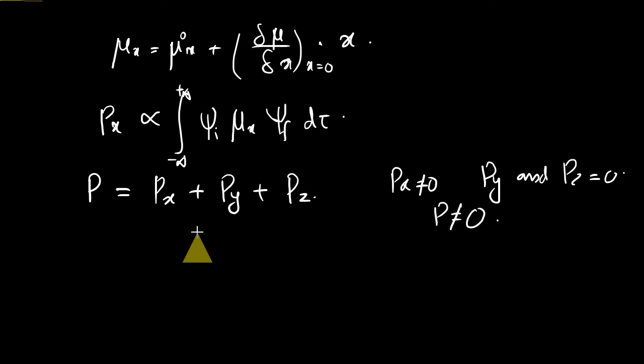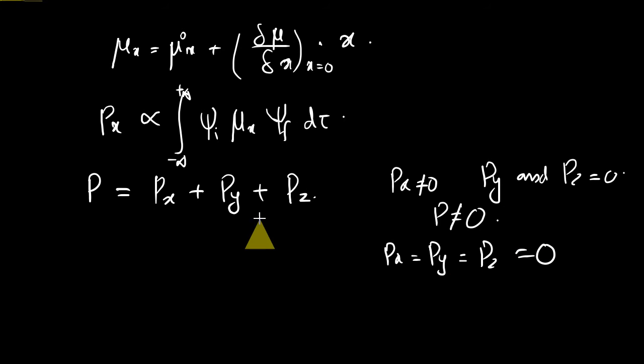So in order for the spectral transition probability to be non-zero, you don't need all the Px, Py and Pz to be non-zero. If any of these are non-zero, then the total probability for transition will be a non-zero value. And there will be no transition only in the case Px is equal to Py is equal to Pz is equal to 0.